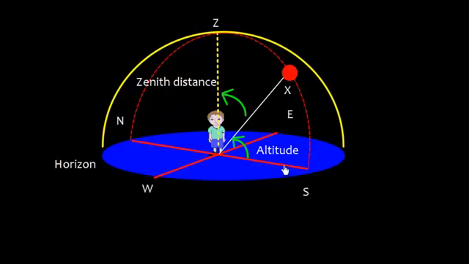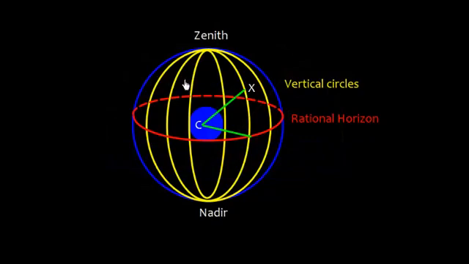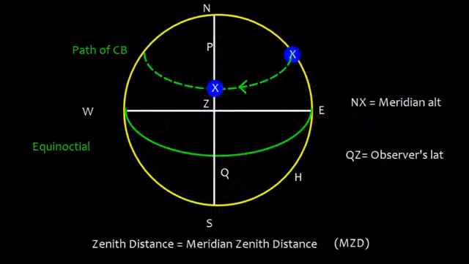Well, in this case the bearing will be either north or south. So this diagram also indicates that this is the zenith and this is another diametrically opposite point. These are the vertical circles and this is the rational horizon diagram.